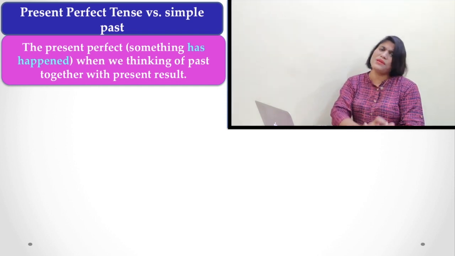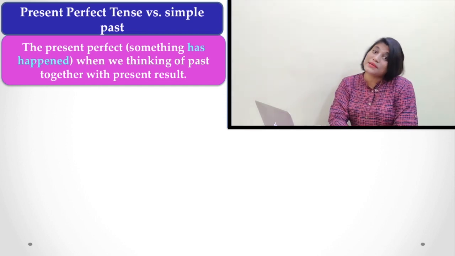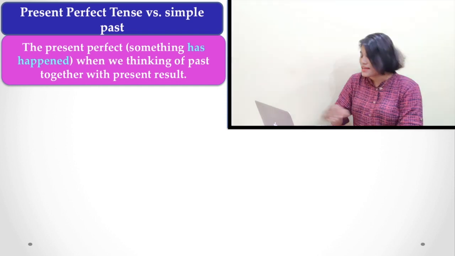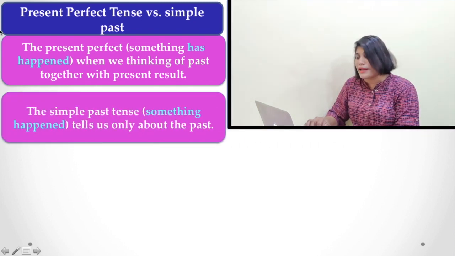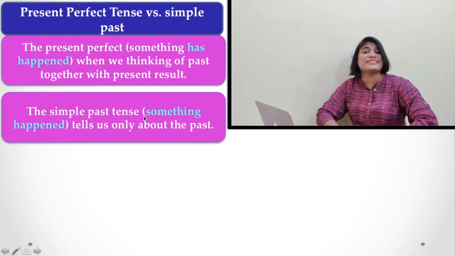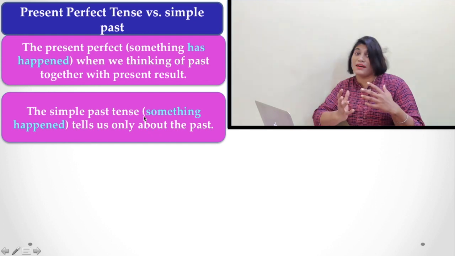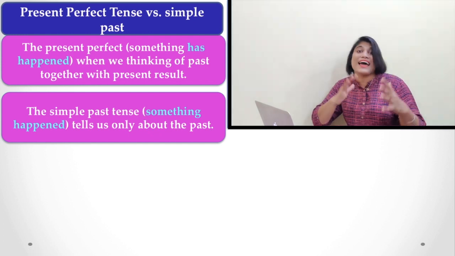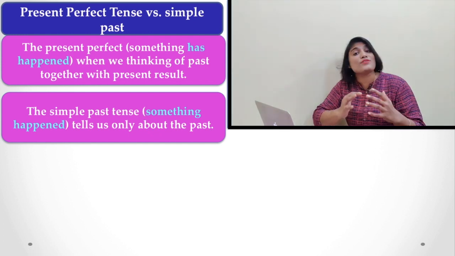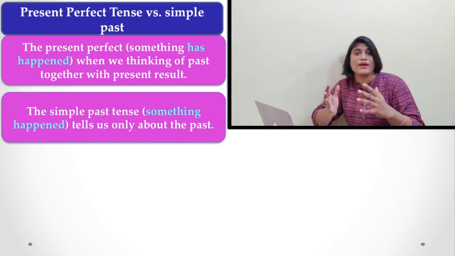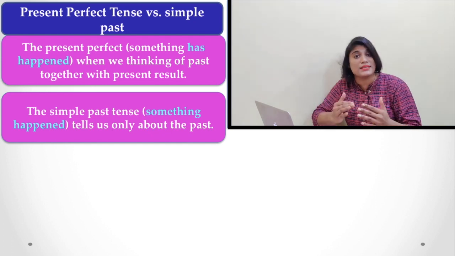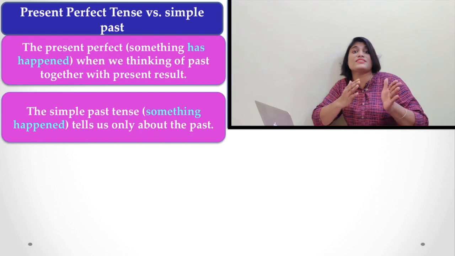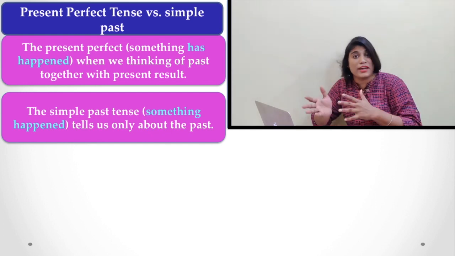So at that time, you have to choose simple present perfect tense, but here you find simple past tense, that is something happened, not has happened, that tells only about past. When you are talking about past, you emphasize the past, that is the cause, not the effect.